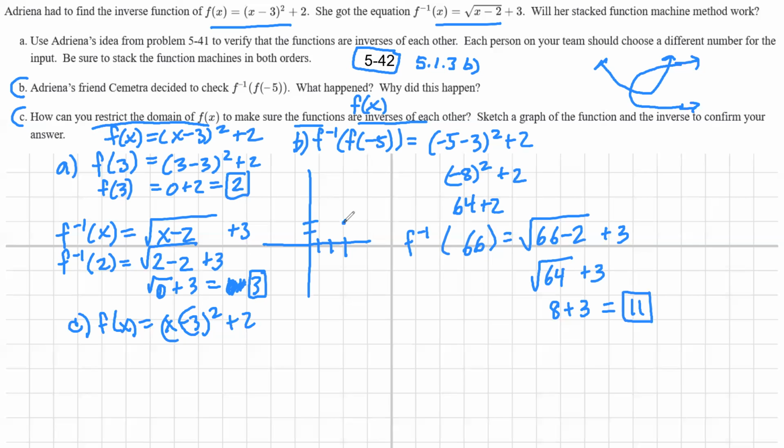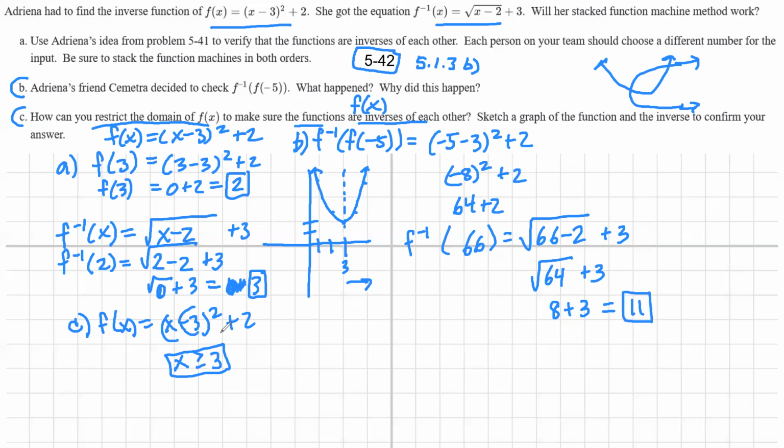So this graph, and then we're going to go up 1 over 1, up 1 over 1, up 3 over 1, right? We did that earlier in the first part of the video. Okay, so I only want this half of the graph from 3 over, right? So we want to restrict it to x is greater than or equal to 3.